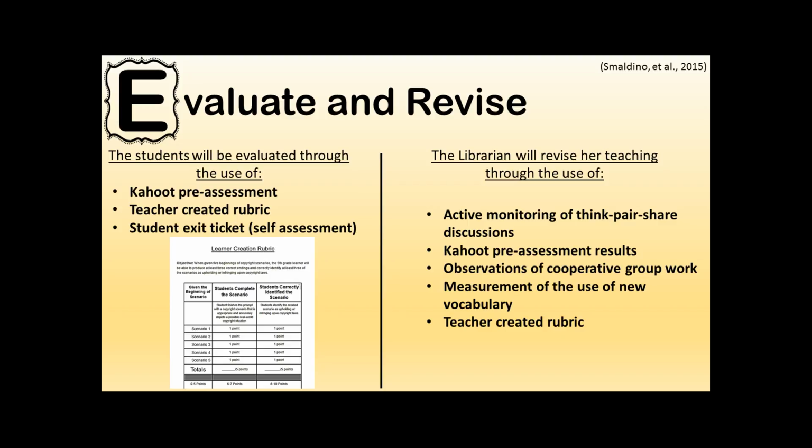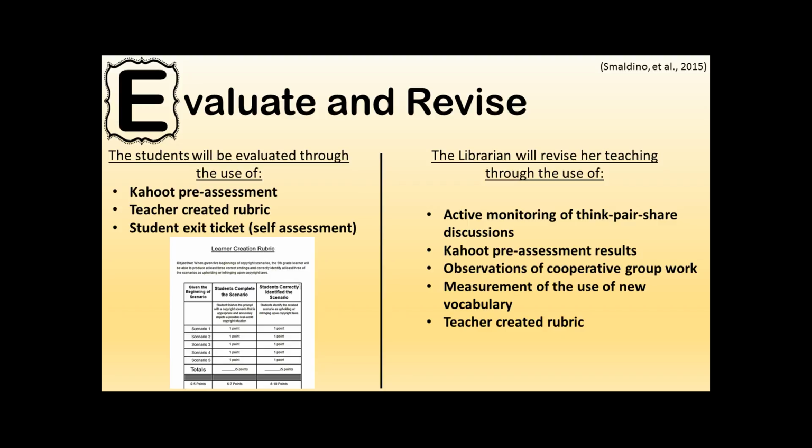Another way to evaluate the students' confidence level on this topic is by presenting the students with an exit ticket in which they will judge their level of understanding of the lesson. The librarian and teacher team will revise their instruction through the use of active monitoring of the students' think-pair discussions, the Kahoot pre-assessment results, as well as the observations made on cooperative group work.